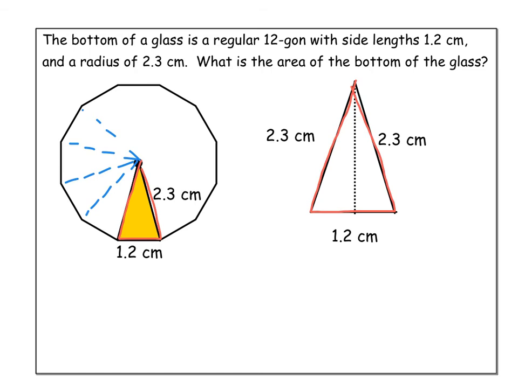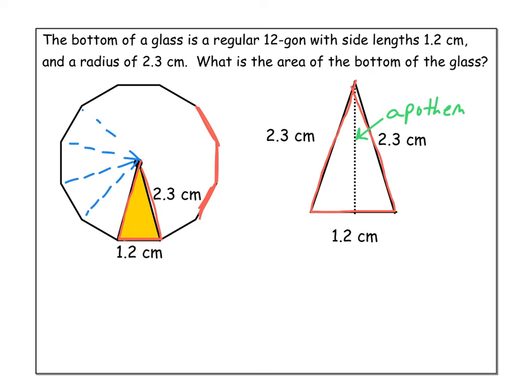So each side on this 12-gon is 1.2 centimeters, so the base of our triangle is 1.2 centimeters. Can we find that apothem, the dotted line here? We need it because that's going to be the height of each triangle.